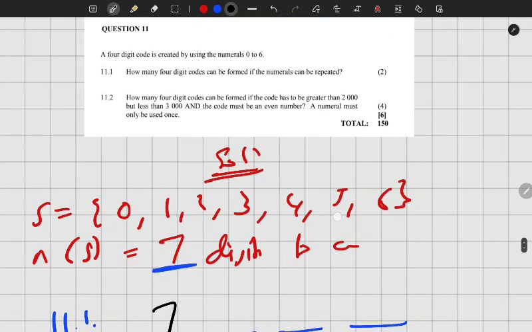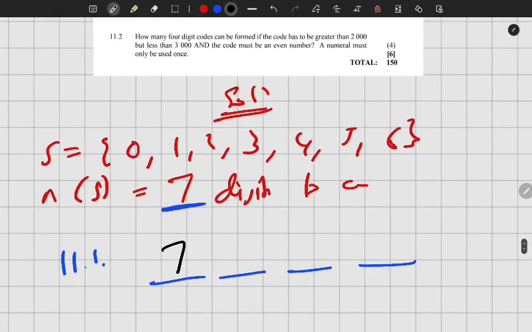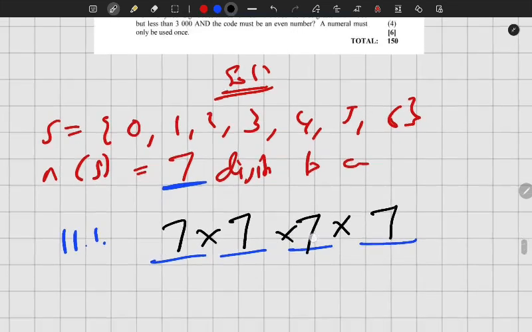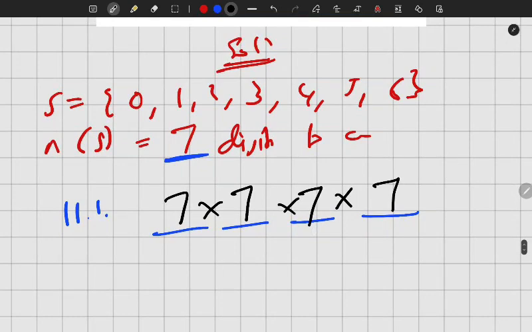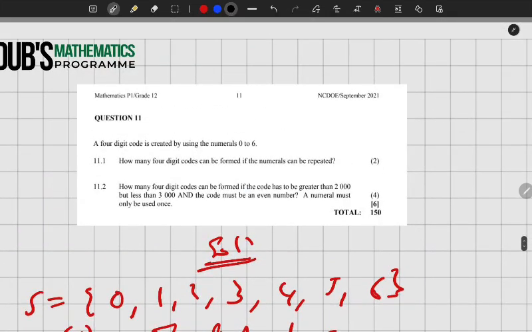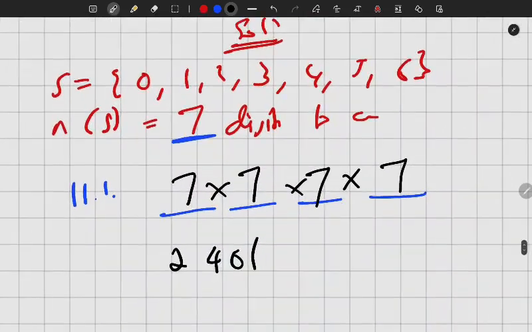But they said the digits can be repeated, so we still have 7 options in each position. Then the answer is going to be 7 to the exponent 4, which is 2401 codes.